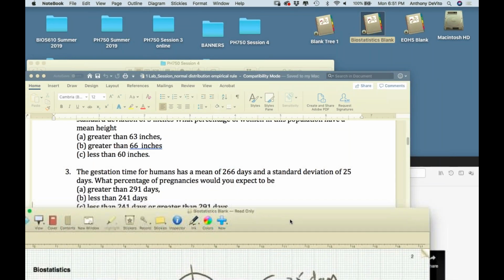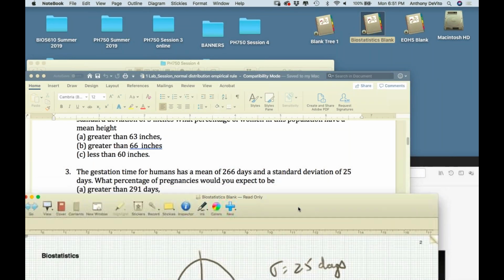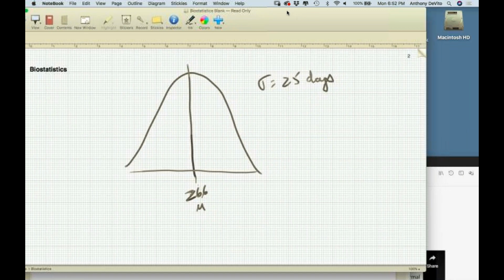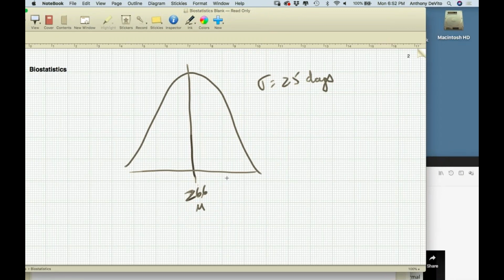Our first question is, what percentage of pregnancies, or what's the probability that you would randomly select a pregnancy, and it would be greater than 291 days? Okay, so we're interested in this area here. So let's call that 291. We're interested in the percentage of pregnancies that go more than 291 days.